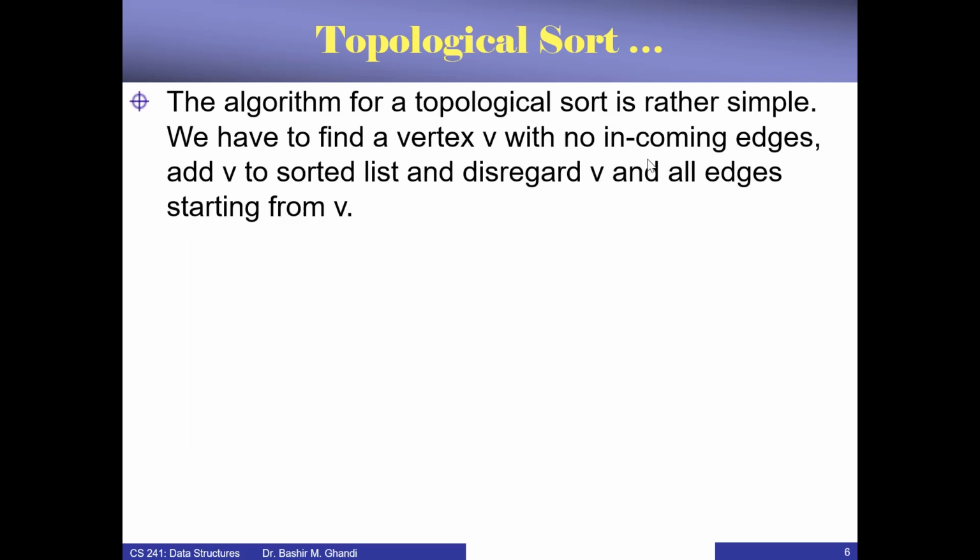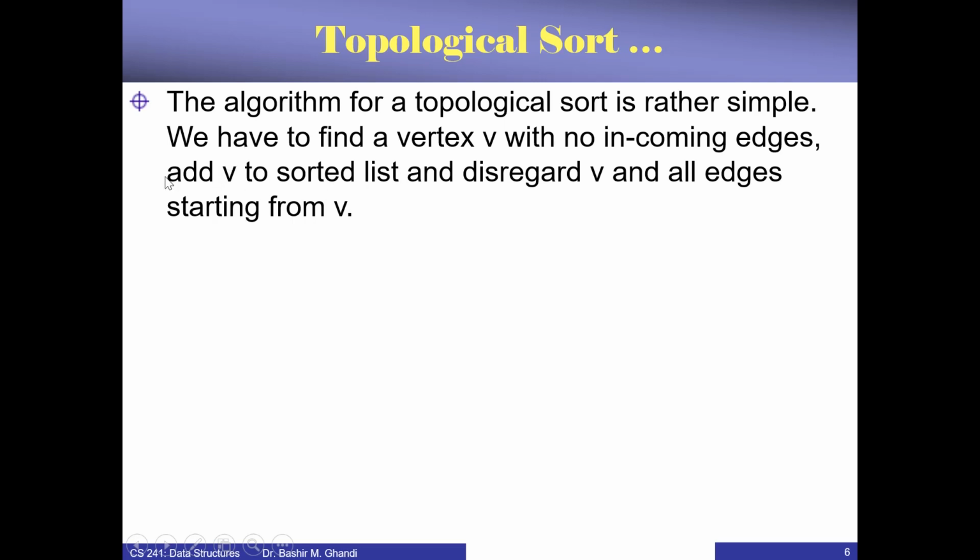Now let's look at the algorithm then. The algorithm for topological sort is rather simple. All we have to do is find a vertex V that has no incoming edges, so a vertex whose in degree is 0.